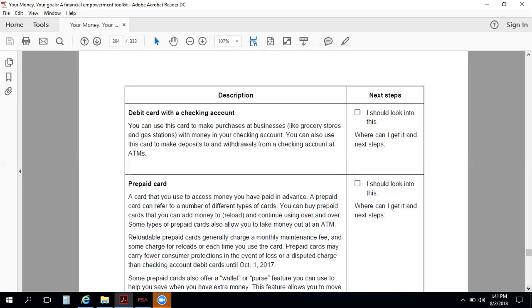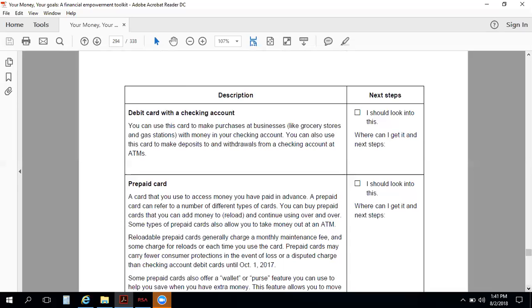Has the client learned how to use their debit card associated with the checking account they set up? So obviously you use this for purchases at the grocery store, gas station, restaurant, wherever you go. And you can use this to make deposits and withdrawals from your ATM if you need cash on hand.